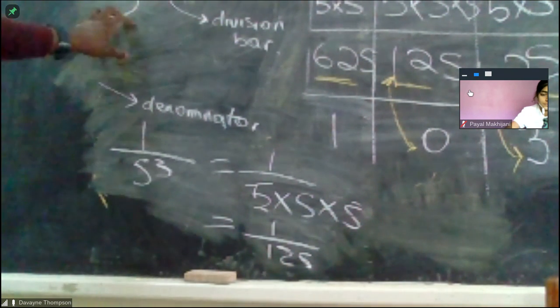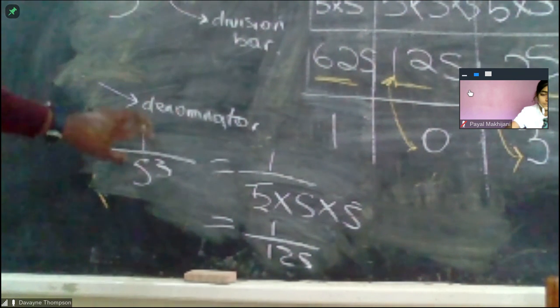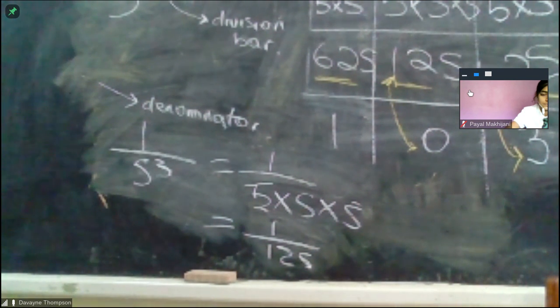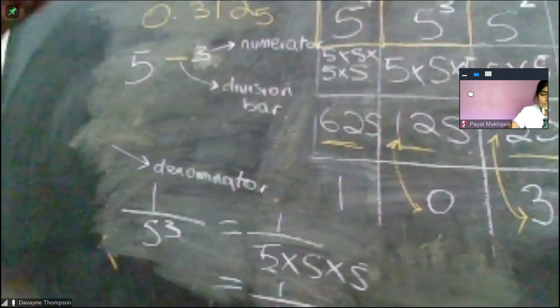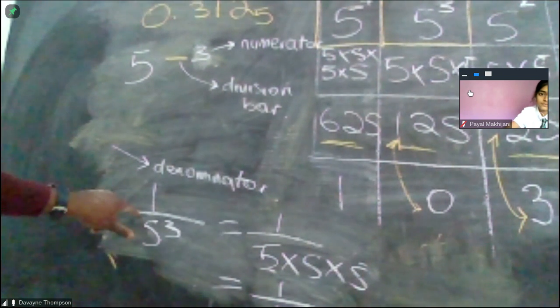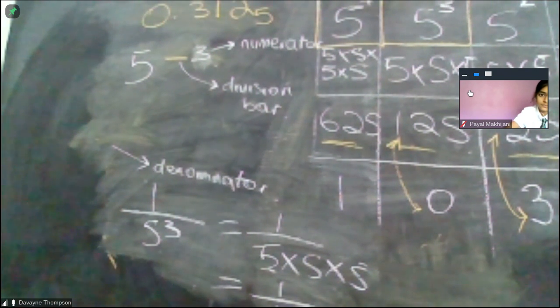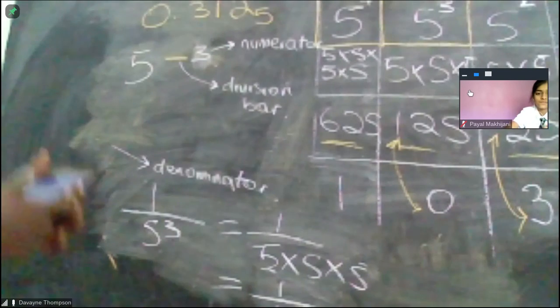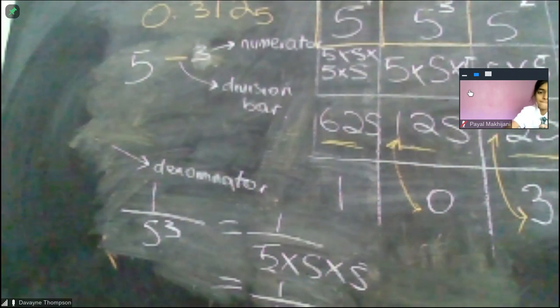So when you see 5 to the negative 3, picture 1 divided by 5 to the 3. Let me show you the difference. 5 to the negative 3 is the same thing as saying 1 divided by 5 to the 3. Now, I'm going to give you some examples to practice over the weekend. Write this out for me, but let me take a picture of the board first.